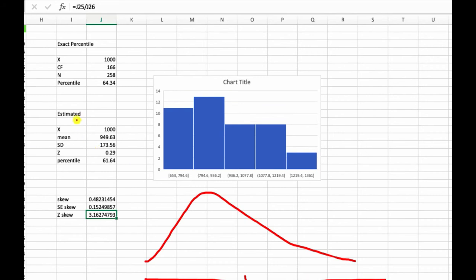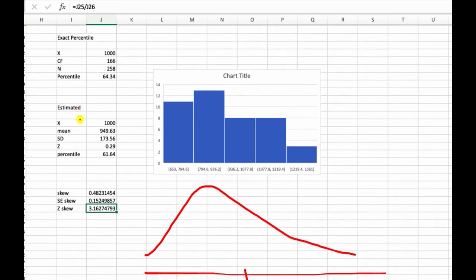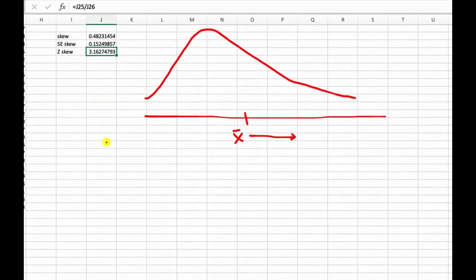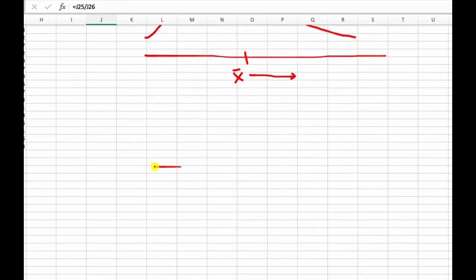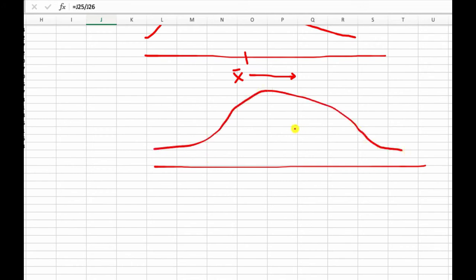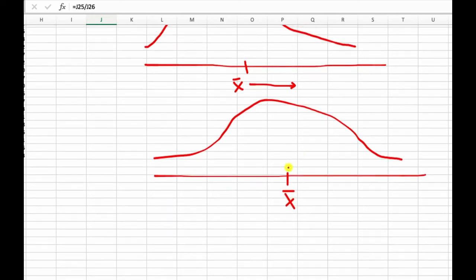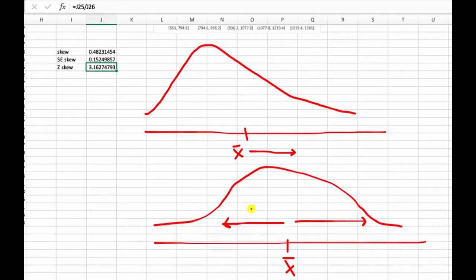And in our estimated percentile, we have the assumption that our data look like this, right? It's a horrible normal distribution, but you get the gist, okay? But we have this idea that the mean is centered where the peak of our distribution is, and there are equal percentages of values on both sides of the mean.